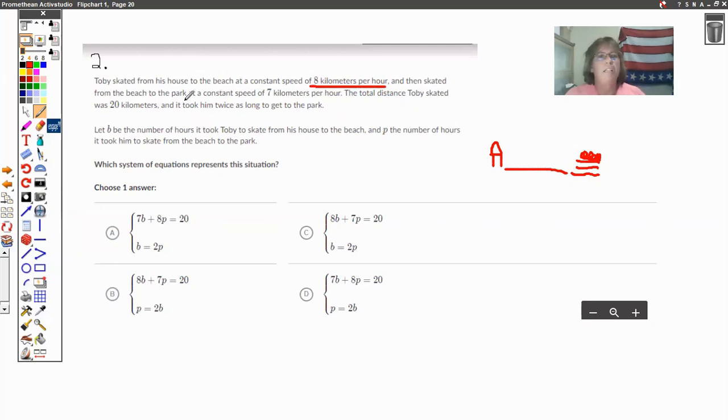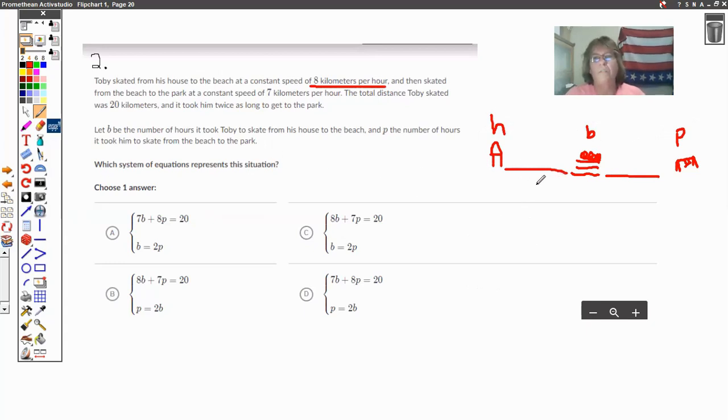And then he skated from the beach to the park. And then we could just draw a swing set or something right here, right? And so here's our little swing set. And so here's the park. And so here's the beach, here's the park, and here's his house, okay? And that just kind of helps me understand what's happening here.